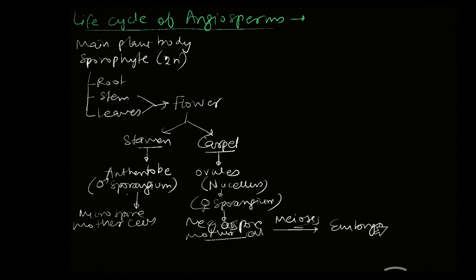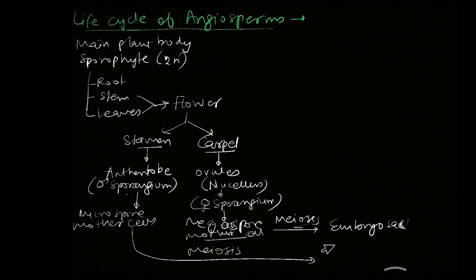Okay, so all these things we discussed when we were discussing the life cycle of angiosperm, but now we are talking in brief, so we directly write that the megaspore mother cell is converted into the embryo sac.